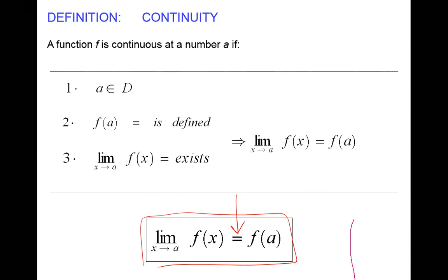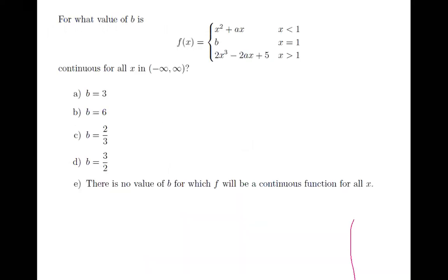Of course, it's easy to say, but let's see if we can solve this problem. For what value of b is the following function continuous everywhere? We also remember that most functions are continuous on their domain. Especially the quadratic function, the third degree function, polynomials, are nice smooth curves, continuous curves.